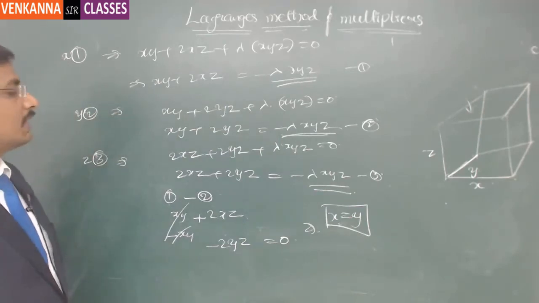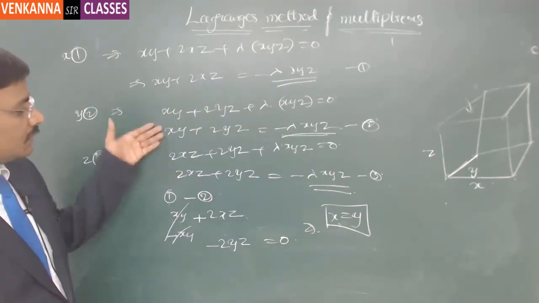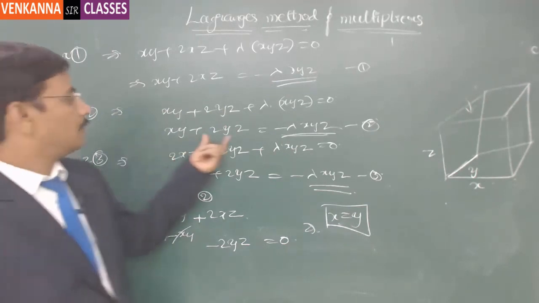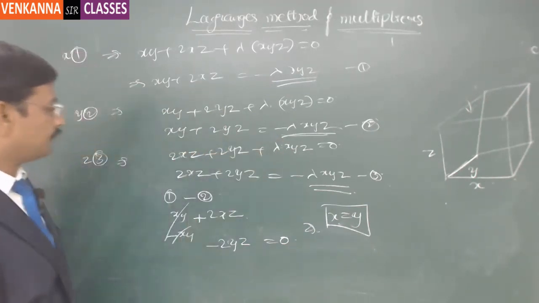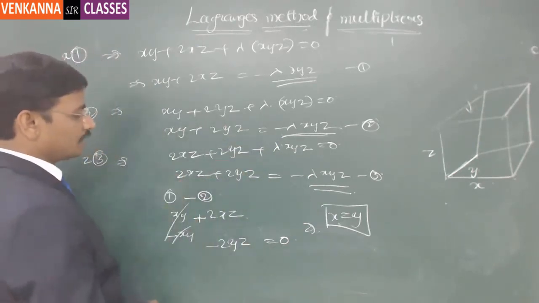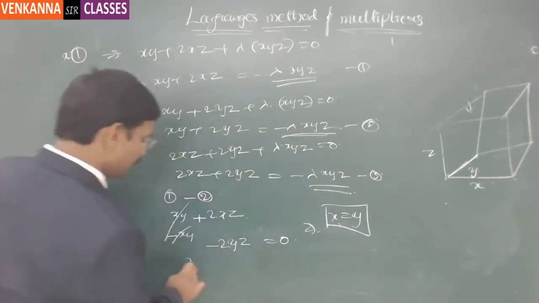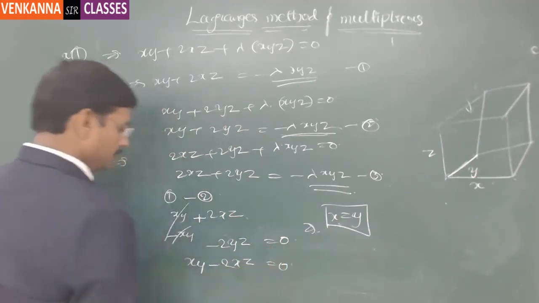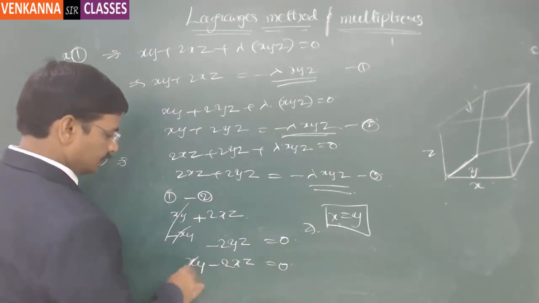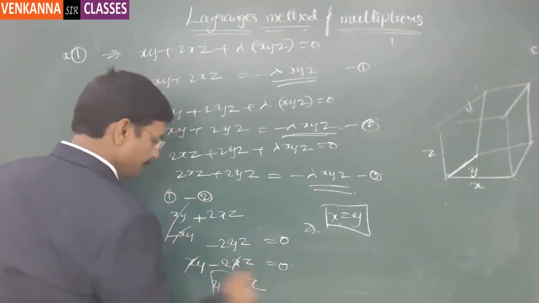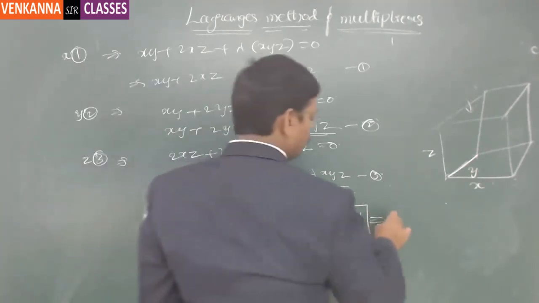Exactly in a similar manner, if you take the other condition, that is 2 and 3, you subtract it: xy minus 2xz. 2yz will cancel out, and xy minus 2xz will be left over. So xy minus 2xz is equal to 0, or x you can cancel out. Y is equal to 2z. So here from this, this is 2z.